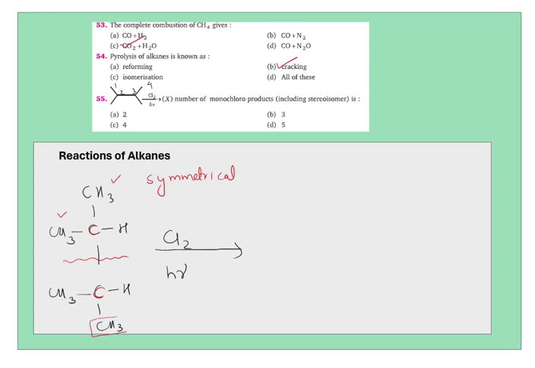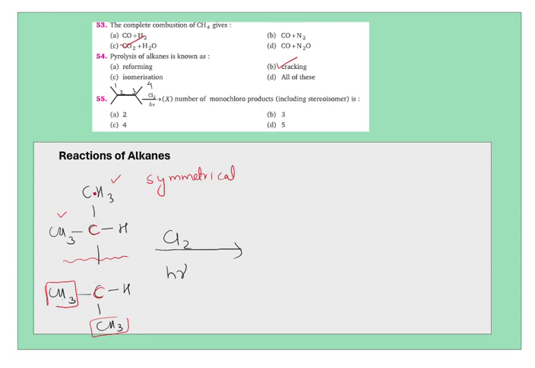So these 2 methyl groups are also symmetrical, which are in turn symmetrical to this because the whole molecule is symmetrical. What does that mean? That you can cut the molecule into 2 equal halves which are mirror images of each other.